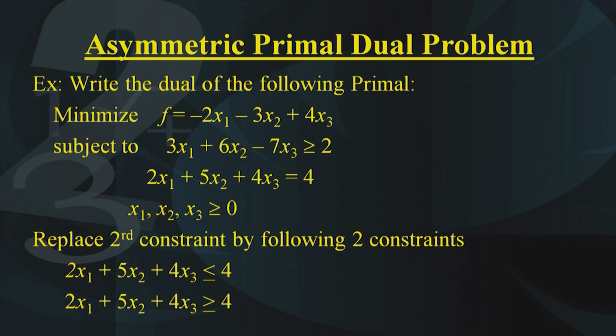One suggestion is we can rewrite the second constraint like this, that is, twice x1 plus 5x2 plus 4x3 less than or equal to 4, and similarly twice x1 plus 5x2 plus 4x3 greater than or equal to 4.